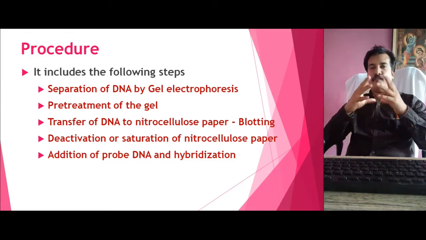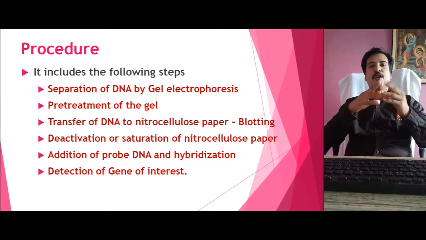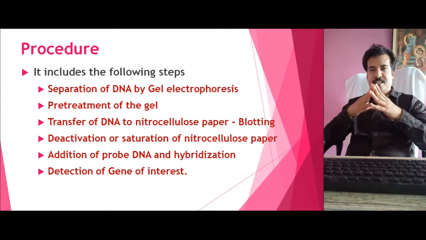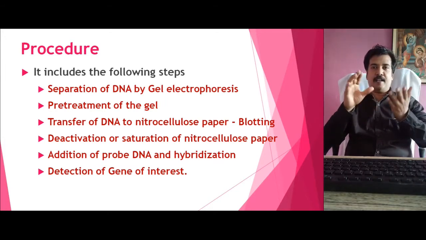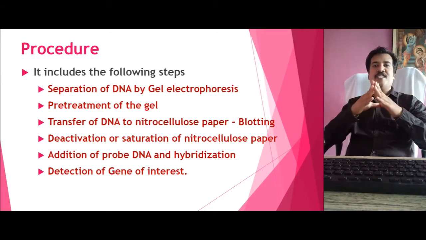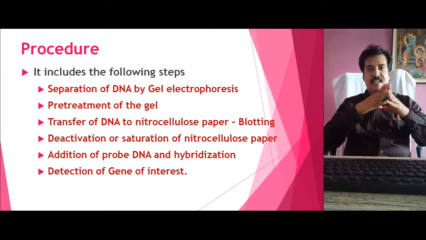After performing the hybridization, we detect the gene of interest by an autoradiography technique or a fluorescent technique, and from the band identified, in the duplicate gel electrophoresis, we can isolate the gene of interest. So these are the basic steps involved in the Southern blotting technique.